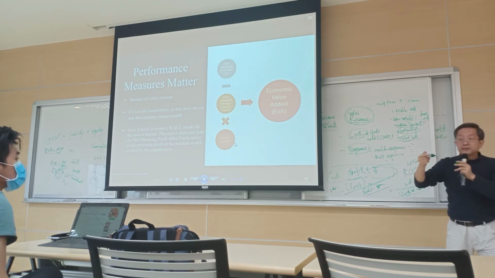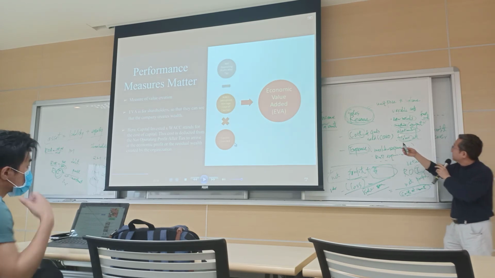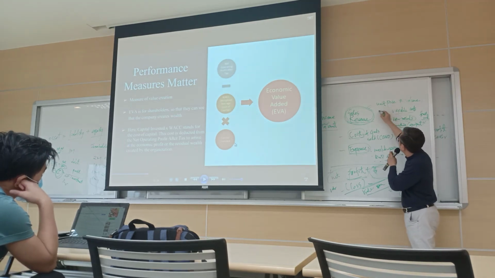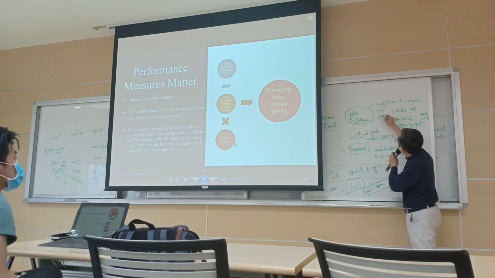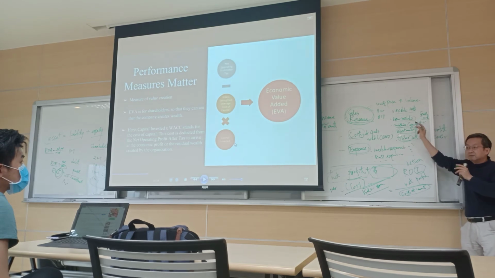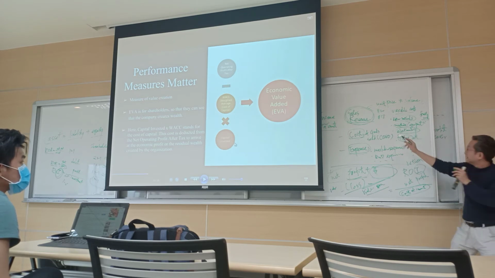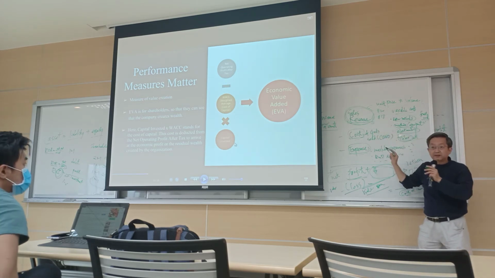But what is the assumption here? If we use discount to drop the unit price from 20 to 18, however, the sales volume did not pick up, then what is going to happen? This will be lower, right?